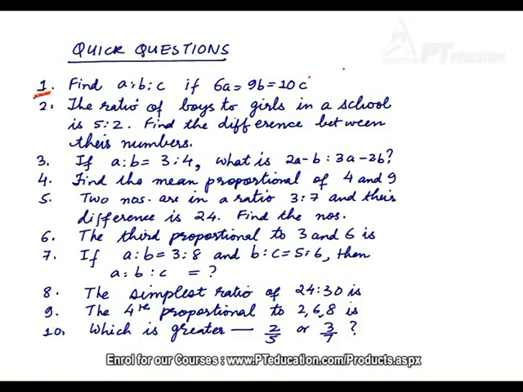Question number 1. Find A is to B is to C if 6A is equal to 9B is equal to 10C. Now, this can be solved very easily because if 6A is equal to 9B is equal to 10C, then A upon 1 by 6 is equal to B upon 1 by 9 is equal to C upon 1 by 10, which further implies that A is to B is to C are in the ratio 1 by 6 is to 1 by 9 is to 1 by 10.